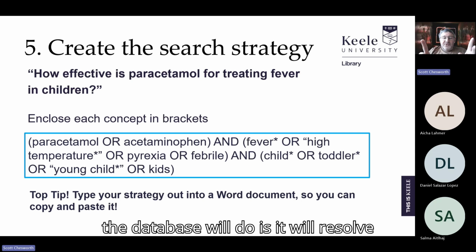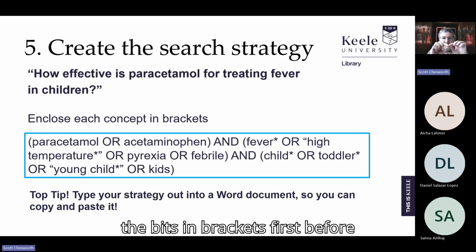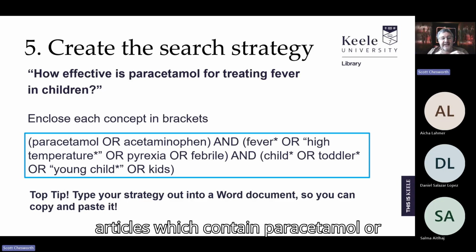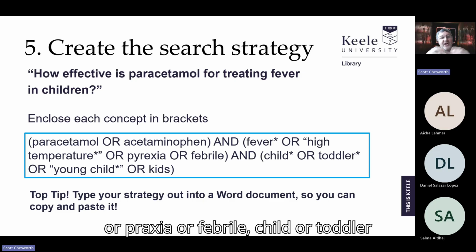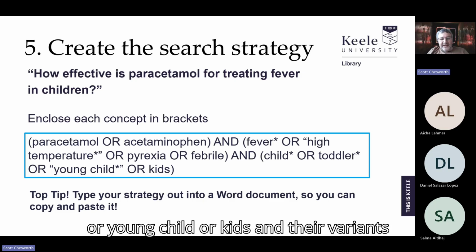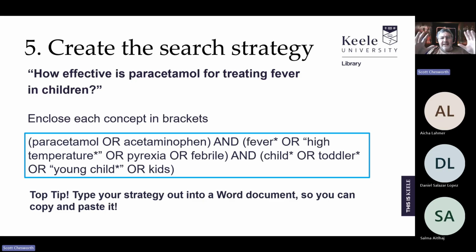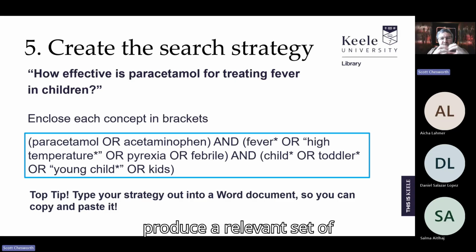So the database will resolve the bits in brackets first before applying AND. So it will look for articles which contain paracetamol or acetaminophen, fever or high temperature or pyrexia or febrile, child or toddler or young child or kids and their variants, add the ANDs, and then produce a relevant set of results.